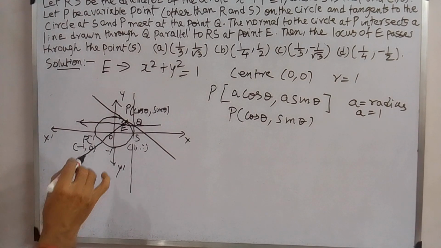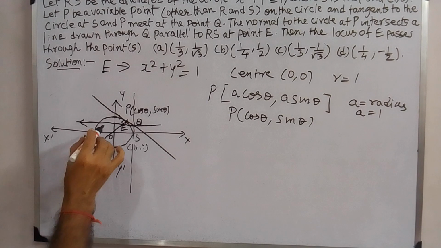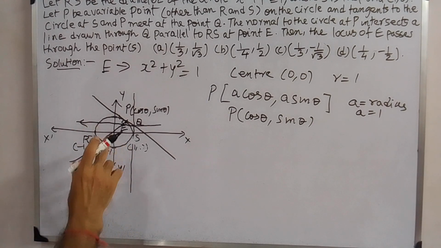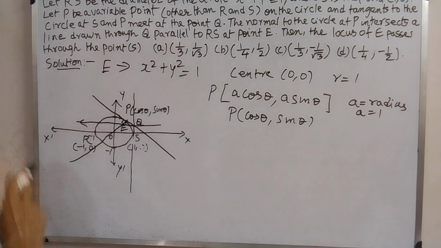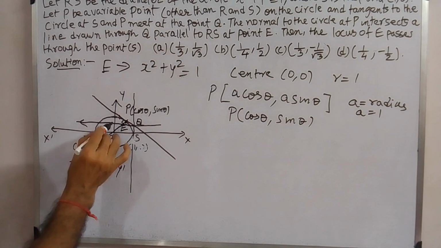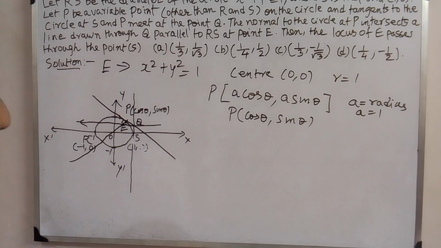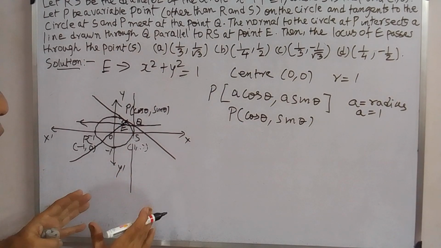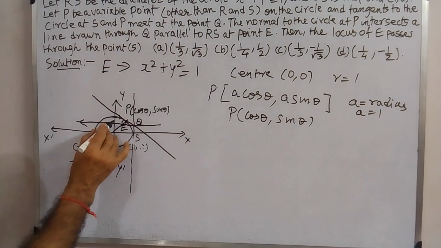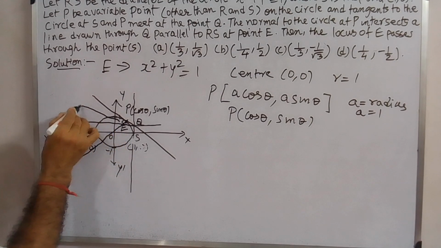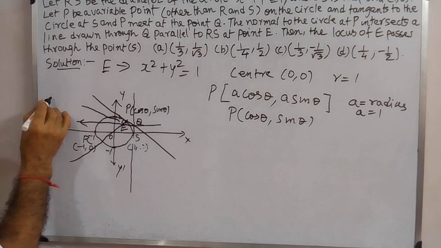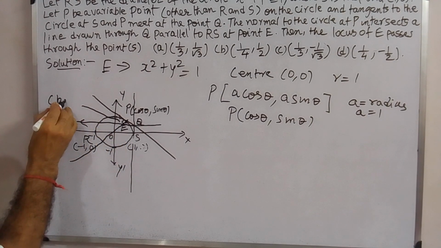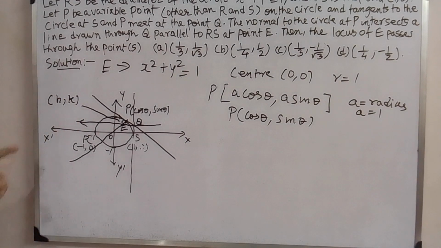Now see here, how will we find the locus of the point E? That means the relation between the x coordinate and the y coordinate of the point E. That is called the locus. So here I am taking, let the point E be (h, k).